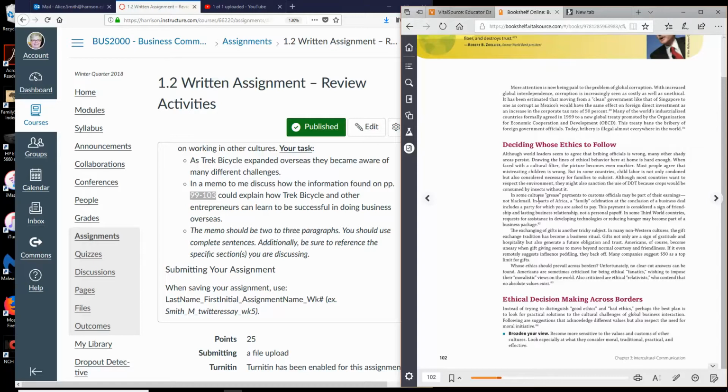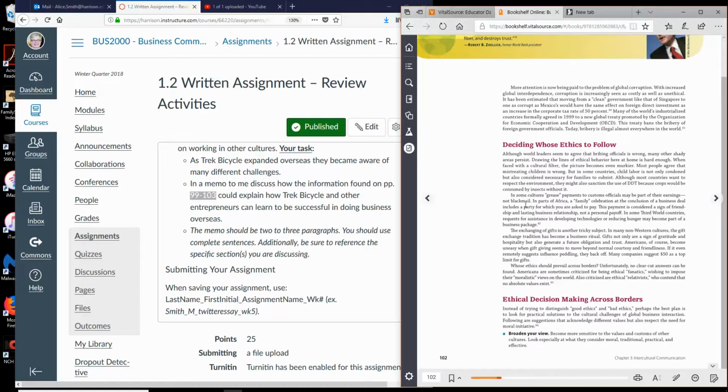So your answer would probably be, you're talking about Trek Bicycle, you're talking about them learning, and in it you go, but being Trek Bicycle, they need to determine whose ethics they're going to follow. Are they going to follow the ethics of their business in the United States based on United States ethics? Are they going to try and follow ethics of the current culture, say in Great Britain or Germany?